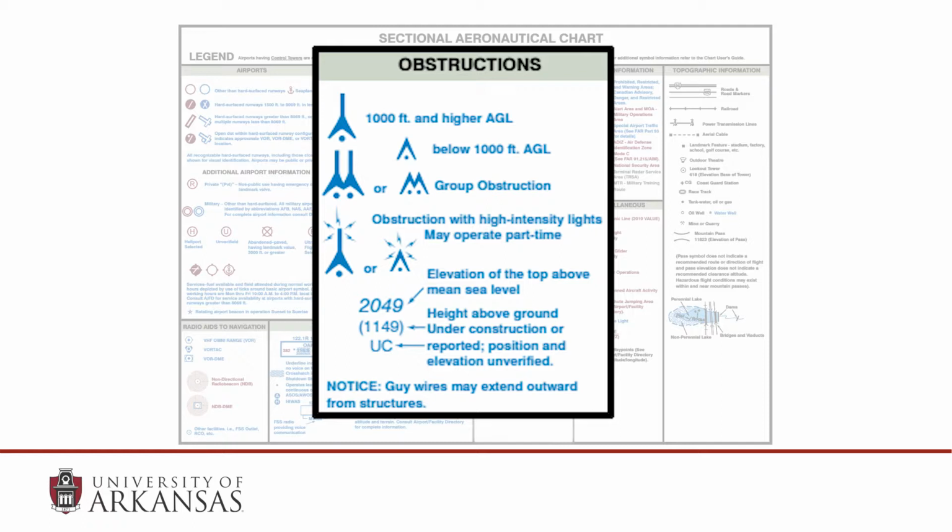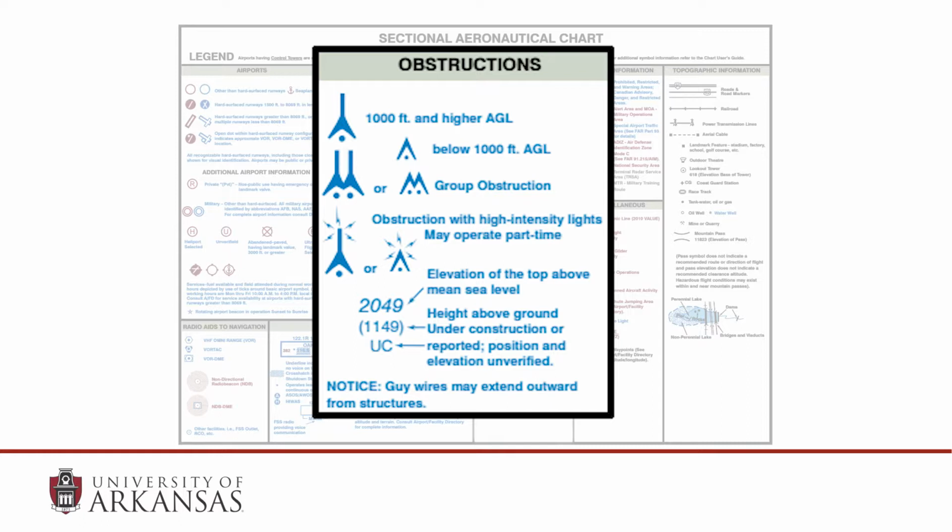Your text explains MSL and AGL in detail, but in general, if MSL is the altitude above sea level, then AGL is the altitude above the ground. Pilots navigate using MSL because it's based on an altimeter setting and readings. As an example, in Denver, often referred to as the Mile High City, on the ground, the altimeter will read about 5,000 feet.